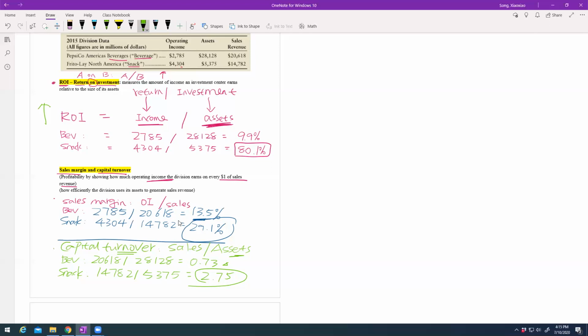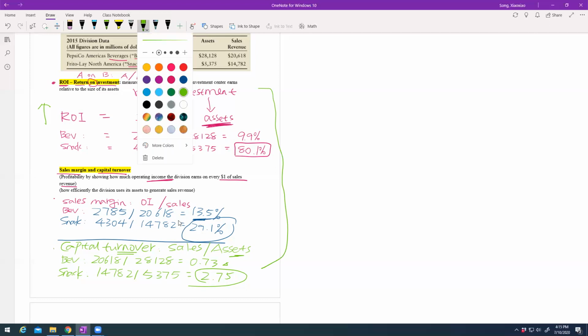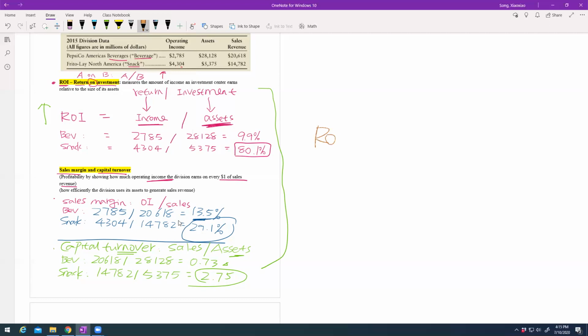But your textbook also mentioned something extra. I'm not sure whether you have this in MyAccountingLab, yes or no, but I want to share it with you. I think it's a very good point. Your textbook said your ROI equals operating income divided by assets.